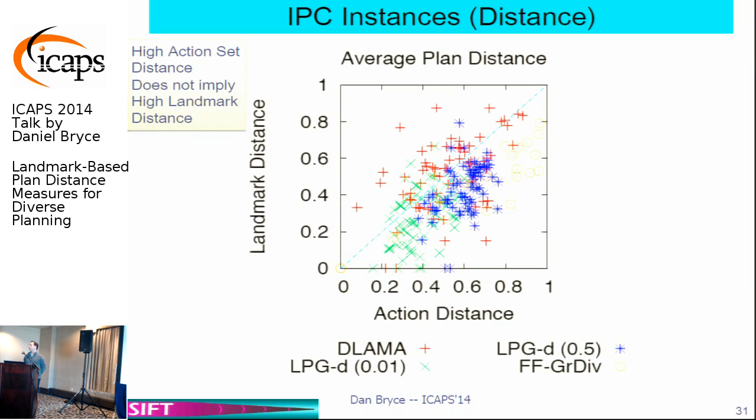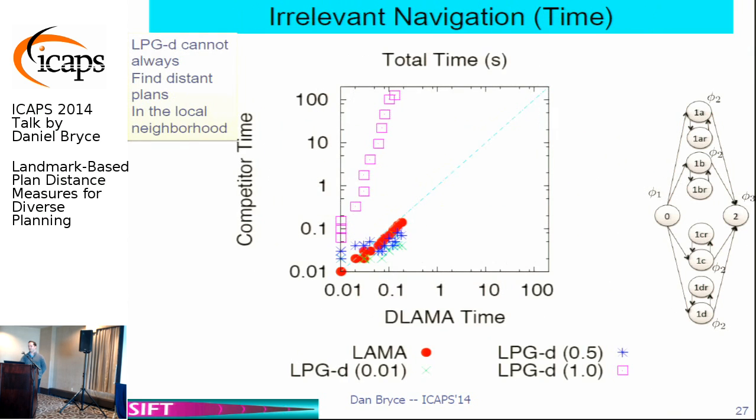I mean, what you said early on was landmark distance implies action distance, and then you said the reason it doesn't show up here is because LAMA's got lots of other stuff happening. Right, it's harder to draw claims about these IPC domains that don't have as regular a structure as the toy problems that I illustrated. On those, certainly it's the case that the implication should hold. Should hold or does hold? Does hold. Empirically, it holds.